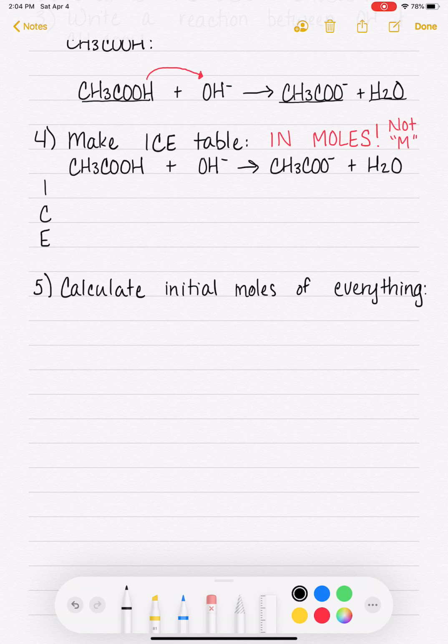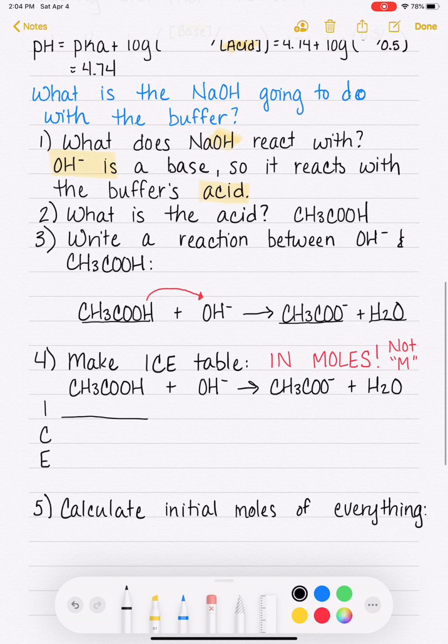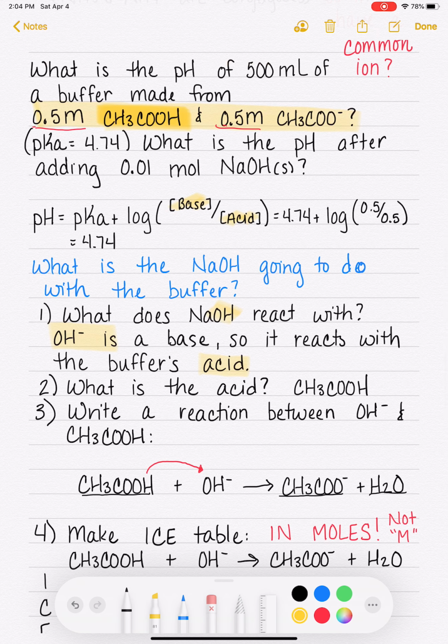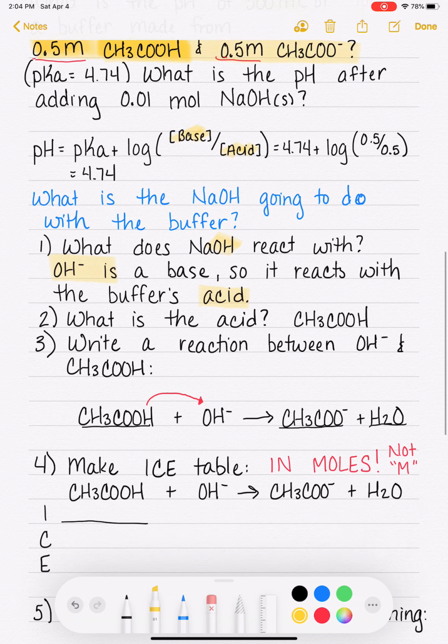This is a very tedious problem. So we're just going to start with the CH3COOH. And let's go back up and see what we know about CH3COOH. We know it's 0.5 molar, and we know that we have 500 milliliters of it.